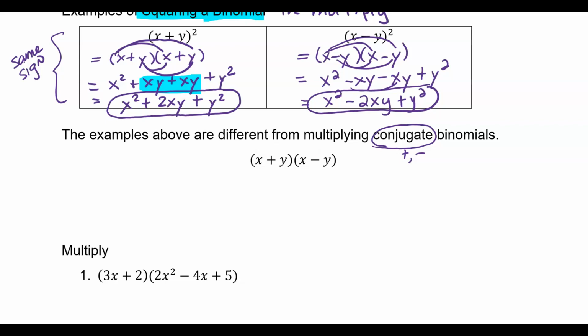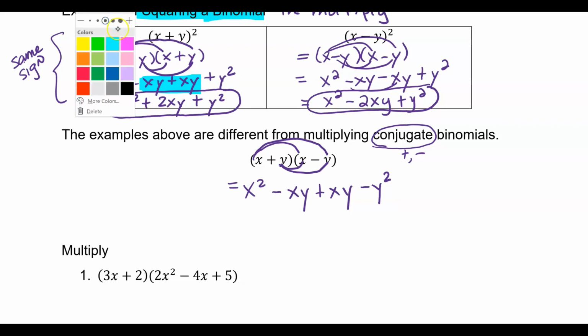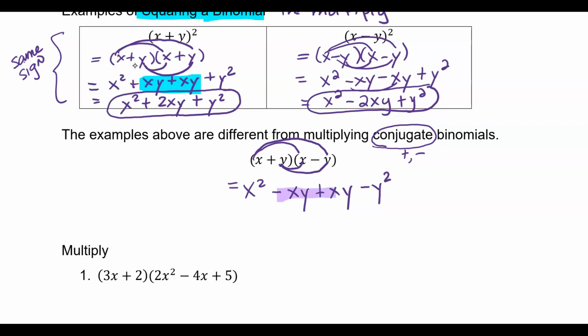So let's multiply this so you can see the difference. X times x is x squared. X times negative y is negative xy. Y times x is xy. Y times negative y is negative y squared. So I want you to see what happens here. This is totally different. Since those signs were opposite, notice that in the center, we have a negative xy plus xy.